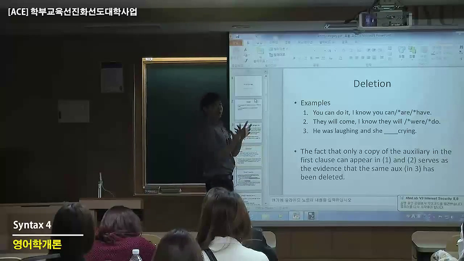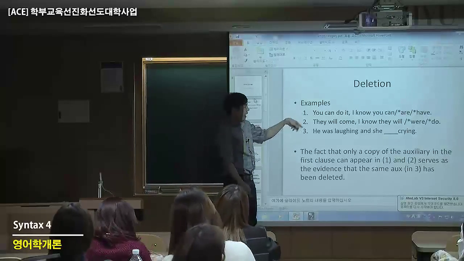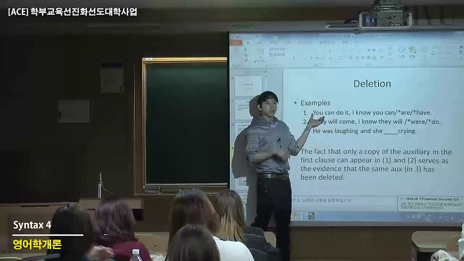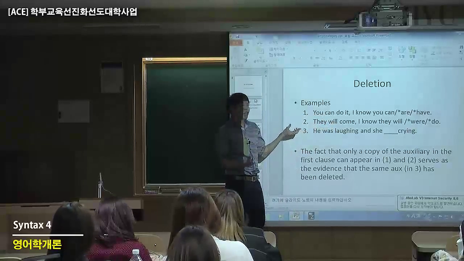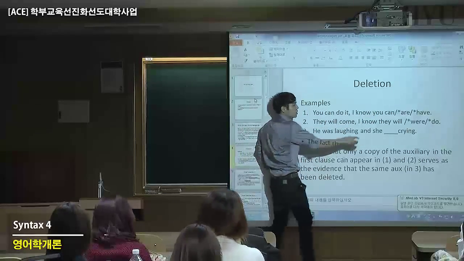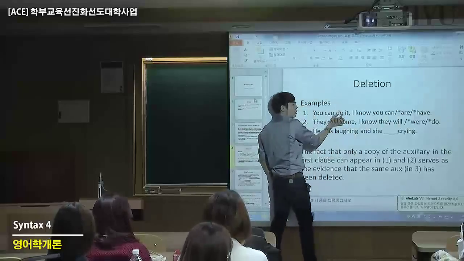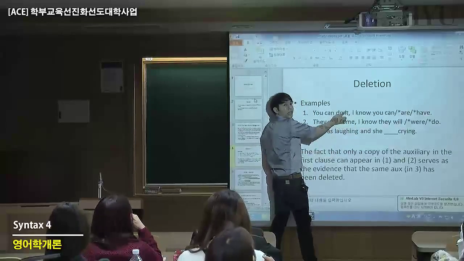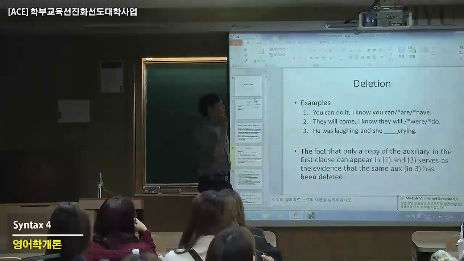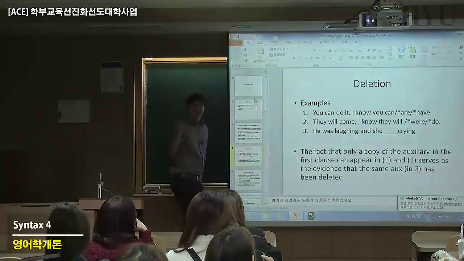Just before we introduce the pro and the trace, I have some sentences here. You can do it, and this is what we say in everyday life, right? You can do it, I know you can, right? So in this case, you see that something, the words do it, is deleted from the second clause. They can do it, I know you can do it, right?